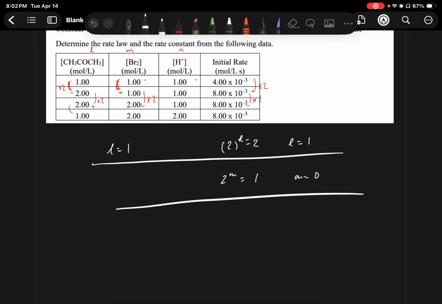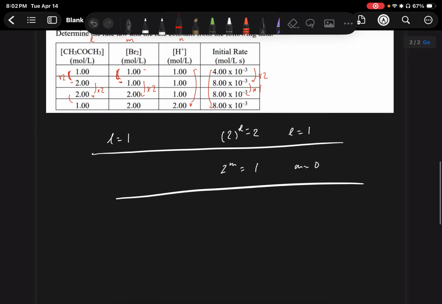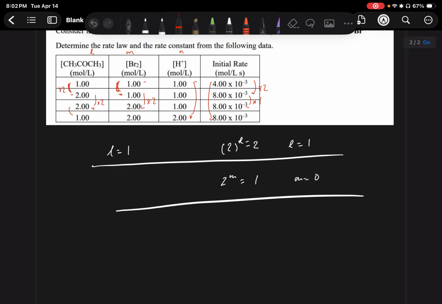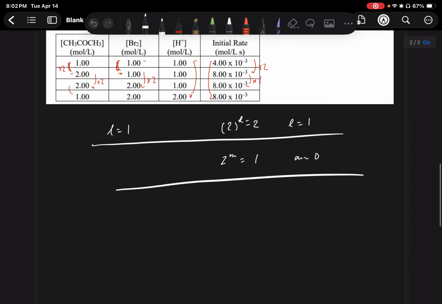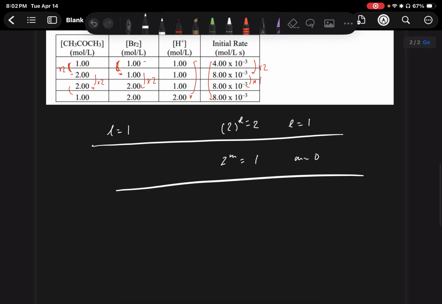Well, we gotta look for them. I guess we gotta change from here. The other ones are not consistent though. But I think now that we have these two other values, we just have to simply write out the rate law and then solve for it. So I guess we're gonna do that.